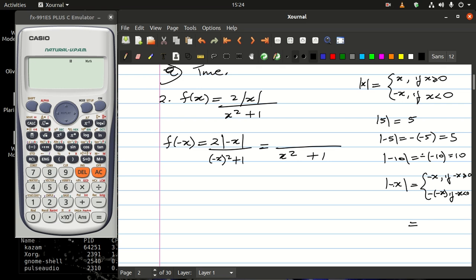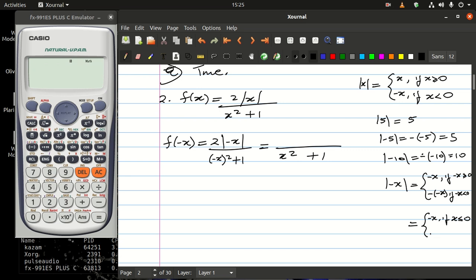Let us analyze. We are using that definition here, which means that this is going to be minus x if minus x is less than 0. If I multiply both sides by -1, when multiplying by a negative the inequality changes sign, so you have x is greater than 0.